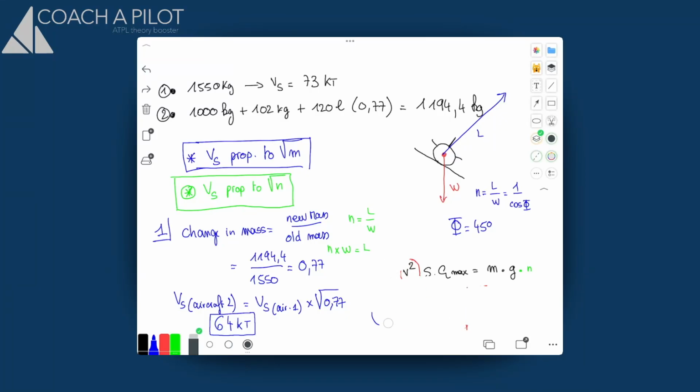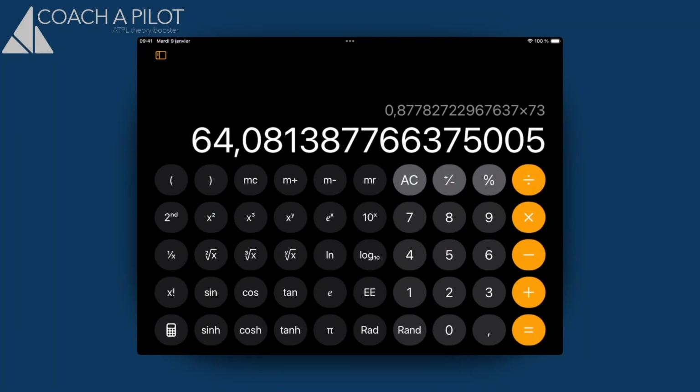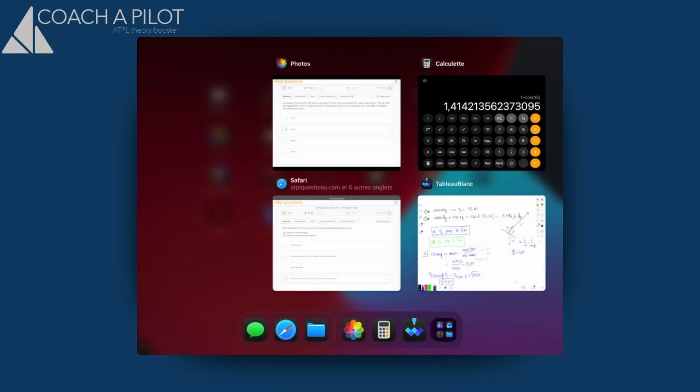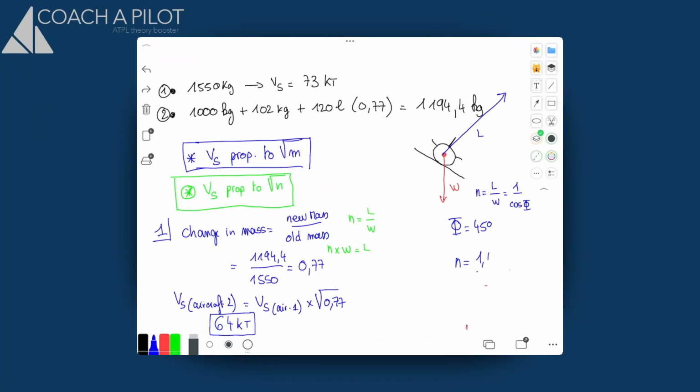This is a formula that you have to know. With a bank angle of 45 degrees, we can calculate the associated load factor, 1 divided by cosine 45, which is 1.41.